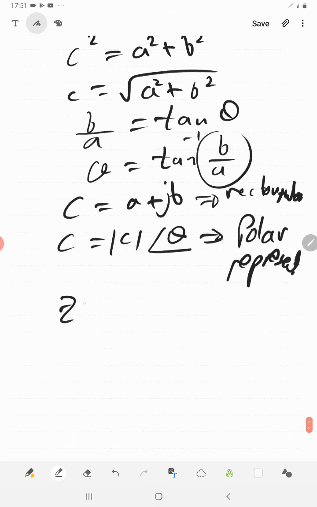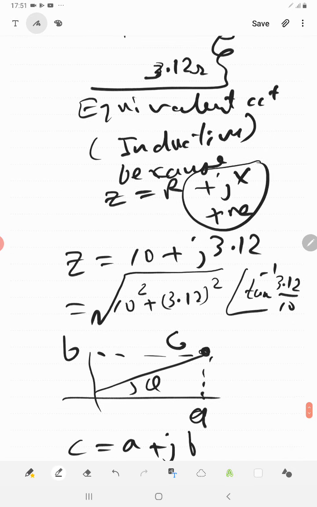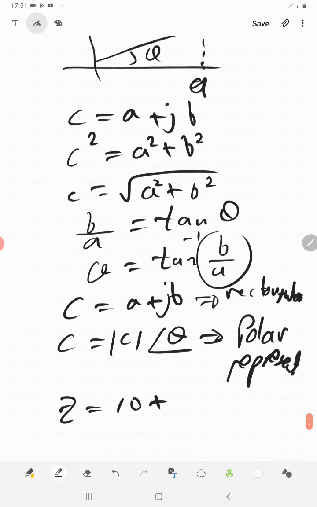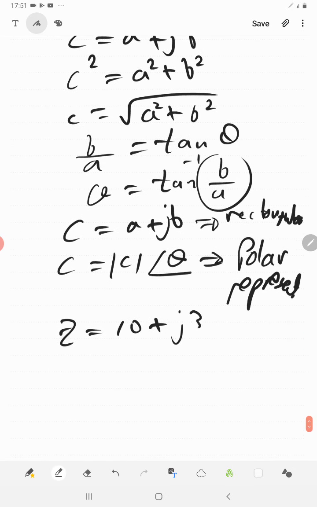So we have Z equal to 10 plus j3.12. In MATLAB you can easily calculate it.